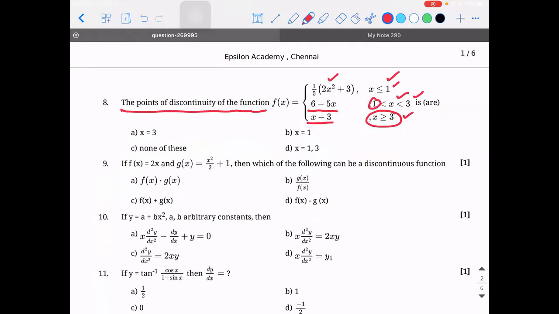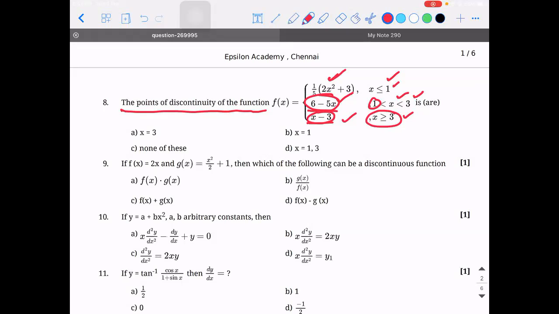So what is our job now? We need to verify the continuity of the function. All three polynomial functions are continuous throughout the real line, but here we have a restricted domain. The 6 minus 5x is a straight line whose lifespan is only between 1 and 3. X minus 3 is a straight line whose lifespan is from 3 till infinity. (2x square plus 3) divided by 5 is an upward parabola whose lifespan is from minus infinity to 1.